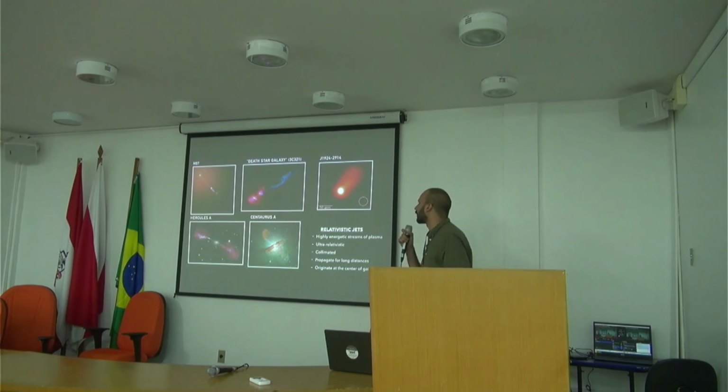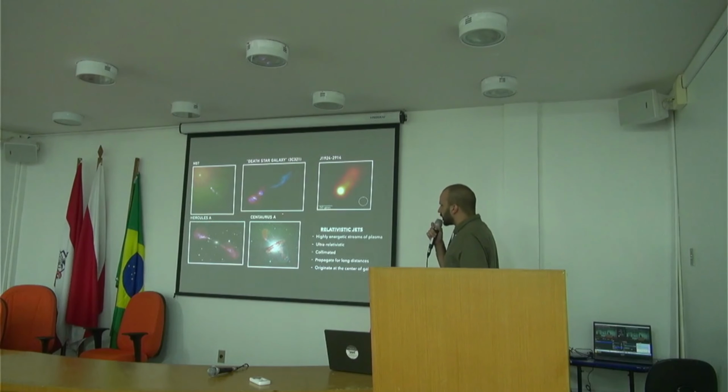One example is the emission of the relativistic jets, as you can see from these pictures. These are extremely energetic and collimated streams of plasma, which propagate for impressive distances in the extragalactic medium.